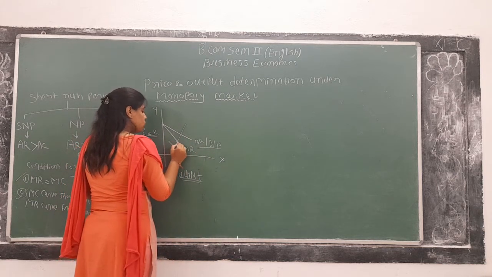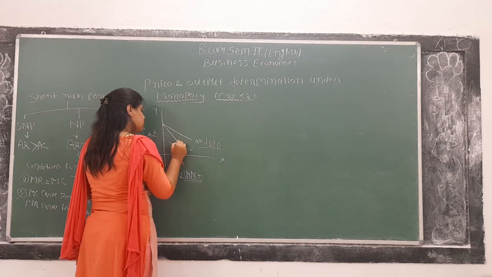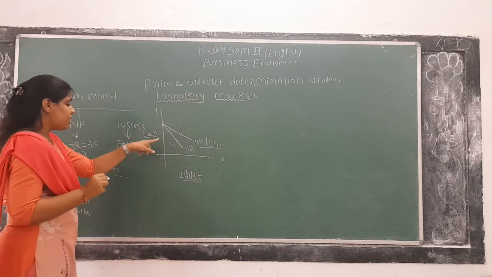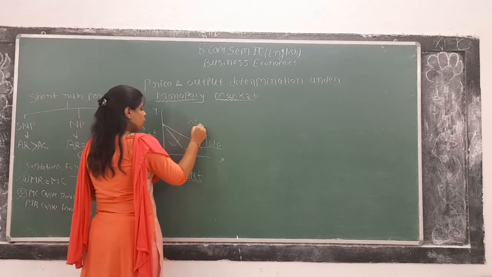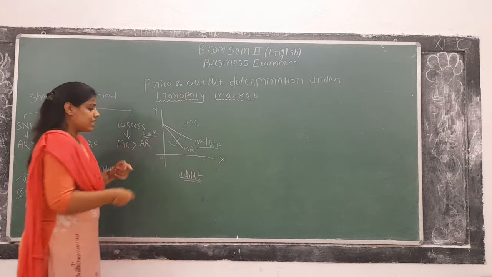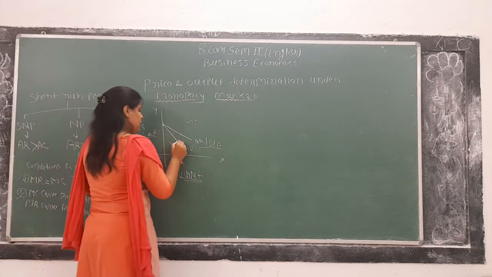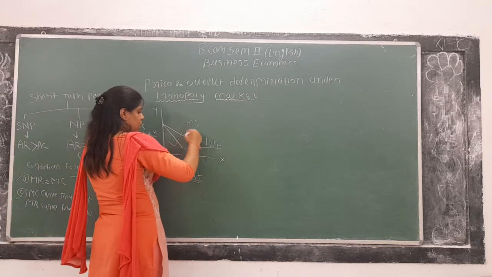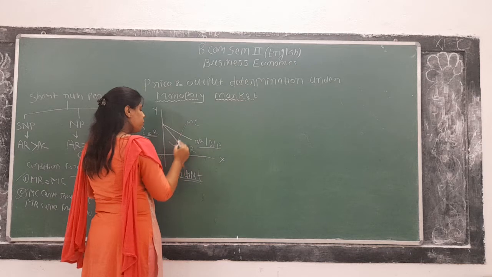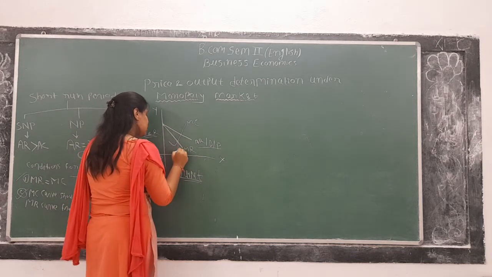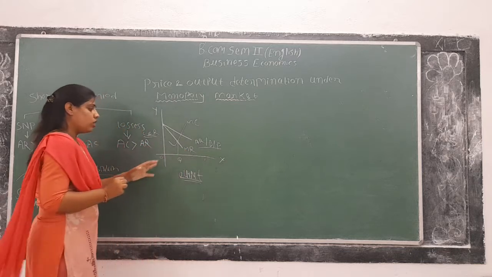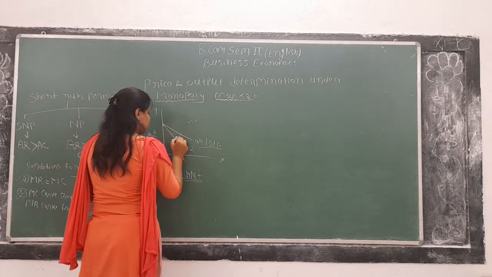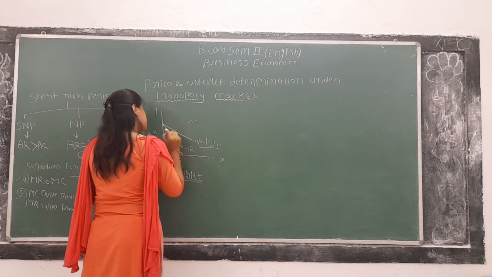If we talk about the equilibrium point, this is the equilibrium point because at this point MC is equal to MR, and at the same time the MC curve is cutting the MR curve from below. This line represents the optimum quantity, and this point represents the equilibrium point.